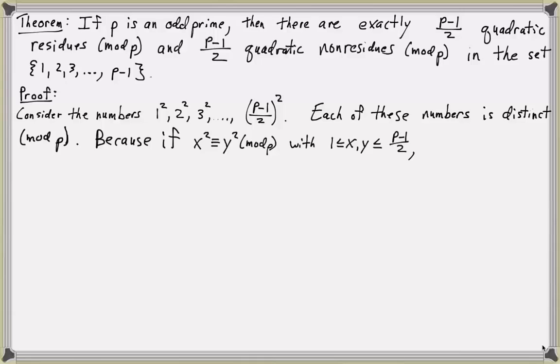If x squared is congruent to y squared mod p, then I can subtract y squared from both sides. So I have x squared minus y squared is congruent to 0 mod p. And when I factor this difference of squares, we see that x plus y times x minus y is congruent to 0 mod p.